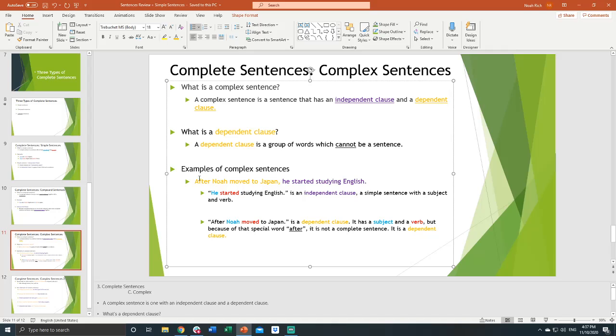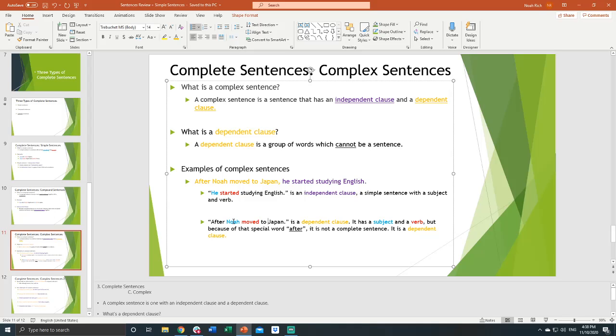For example, "After Noah moved to Japan, he started studying English." "He started studying English" is an independent clause. It's a simple sentence, right? Subject, verb, simple. But "after Noah moved to Japan" looks like a simple sentence, but it's not. It's not an independent clause.